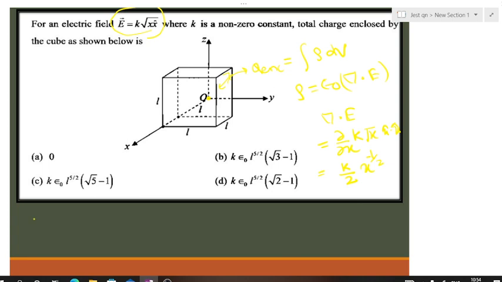So Q enclosed in between here, starting from L to 2L. So the integration limit will be L to 2L.